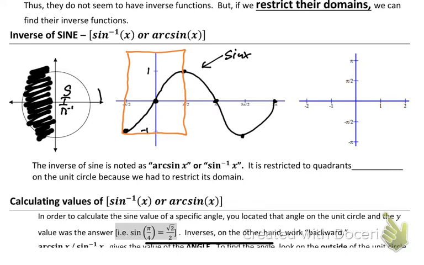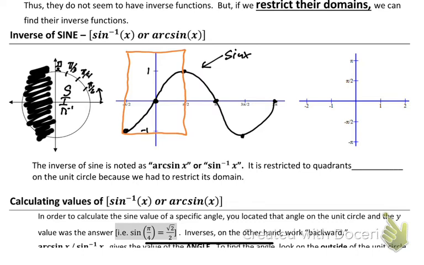One direction's okay, because this would be pi over 6, pi over 4, pi over 3, and this would be pi over 2. But now to get to negative pi over 2, we have to go down. We can't go around the positive direction.